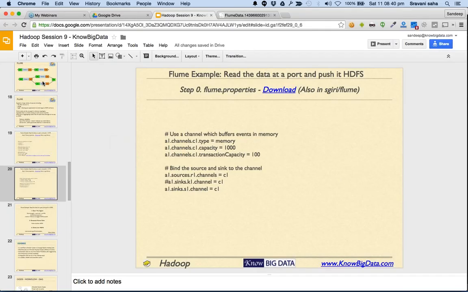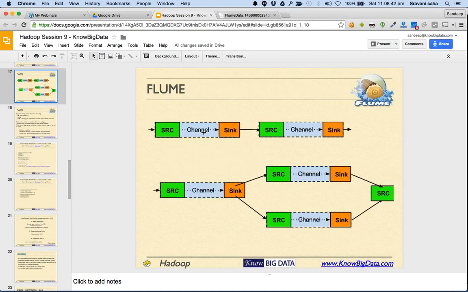Now, coming back to here, what happens when you start putting data, the channel is getting filled, and the source is producing data at a faster rate than the channel can be consumed by the sink. So data is being accumulated in the channel. If that continues, the channel will overflow, right?